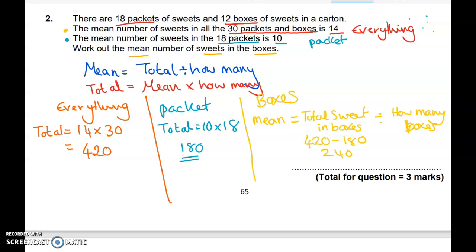And we are going to divide by, how many boxes are there? 12. Again, I'd like you to have a go at doing that without a calculator. You can use a bus stop method. Pause, have a go. And you should get an answer of 20.